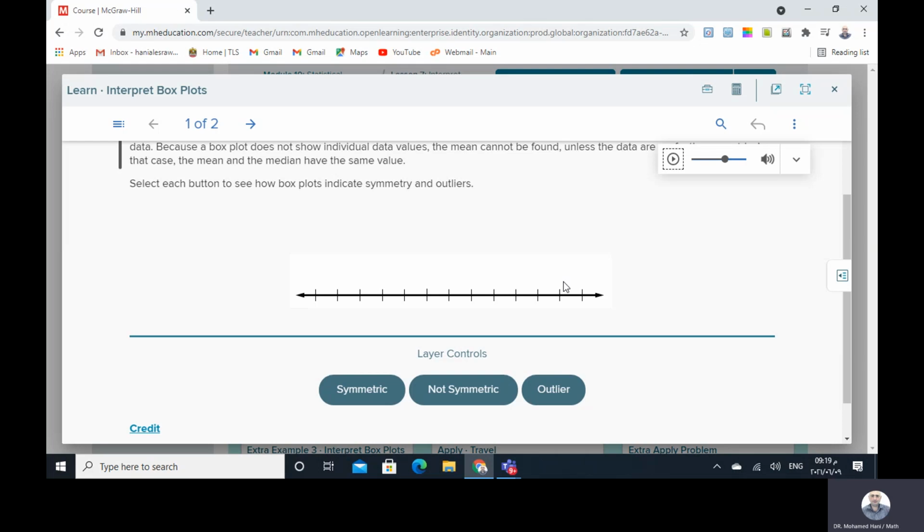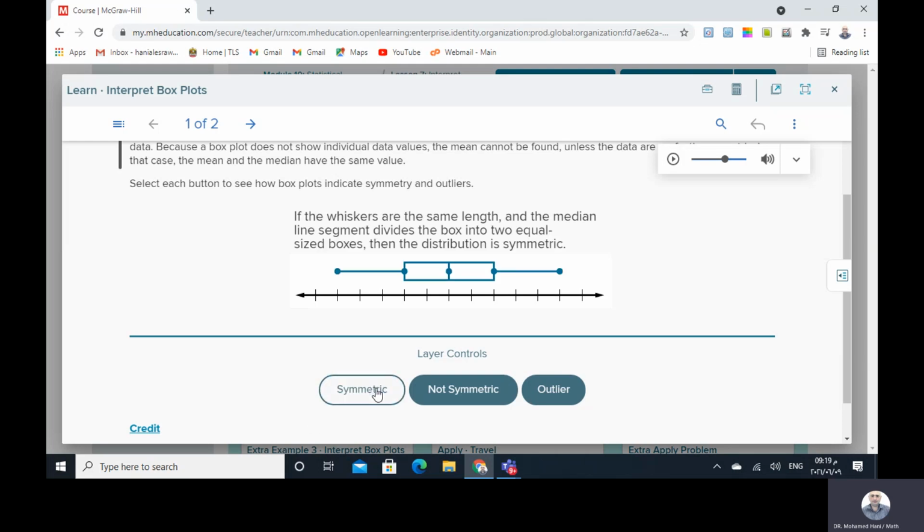See here we have a number line. If the whiskers are the same length, meaning this length equals this length, then we have symmetry. And the median line segment divides the box into two equal parts. This is the median. The right side of the box equals the left side.